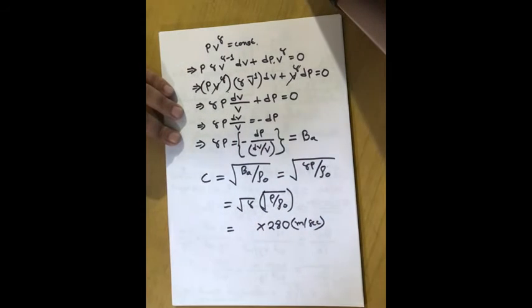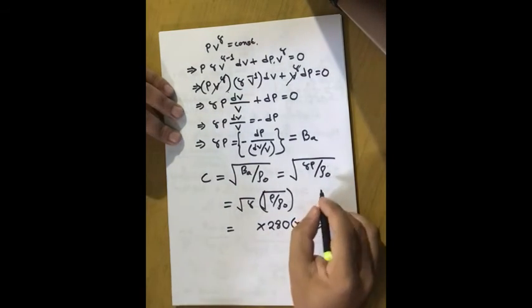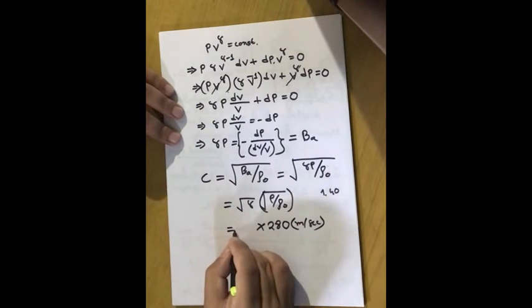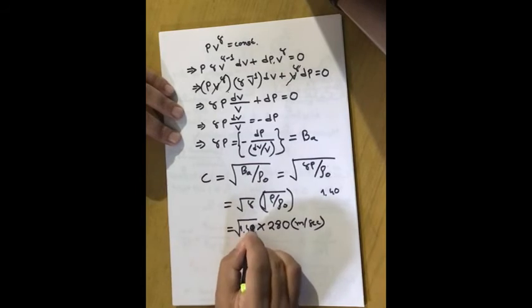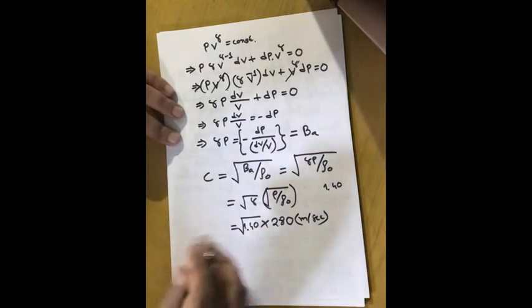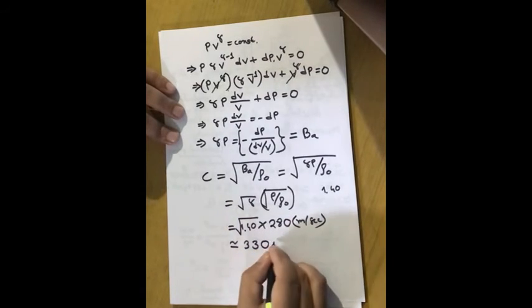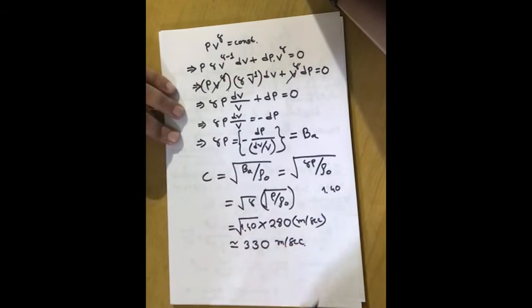And we also know the value of gamma. You can find gamma's value in any textbook, and for diatomic molecules, its value is around 1.40. So you have to multiply by the square root of 1.40. You do the calculation and you will find the speed of sound will be almost 330 meters per second.